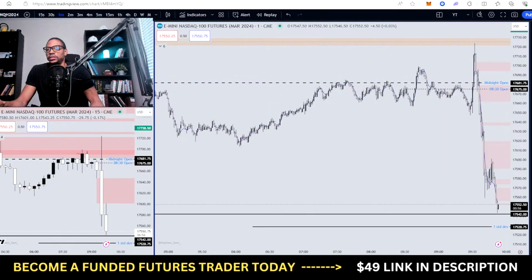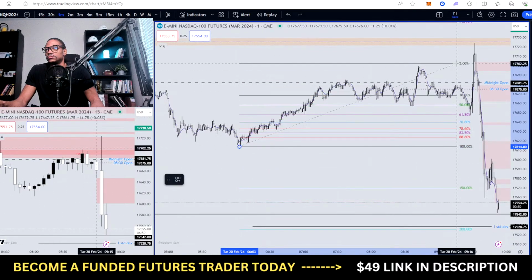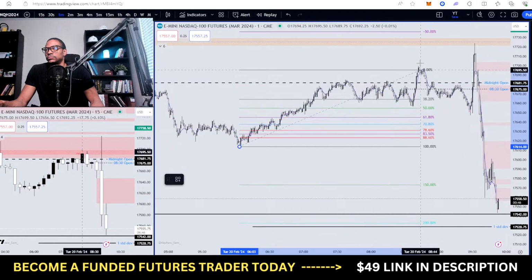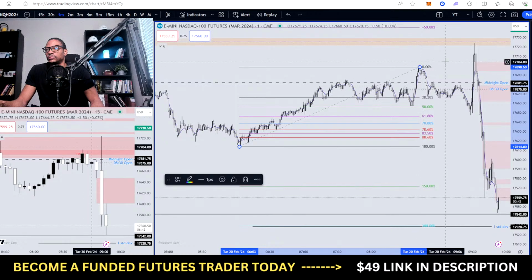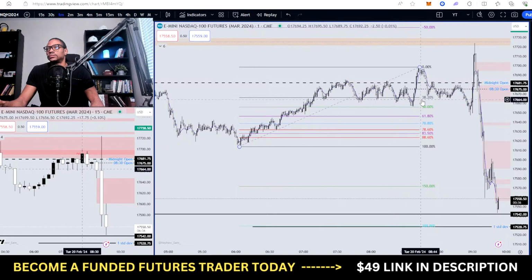I think standard deviation is coming from here. Yep. It was done at the higher time frame. So this here was just a wick, and the bodies stopped here. And so that's why you see right here 1 standard deviation right there.